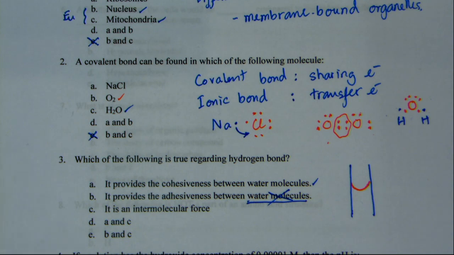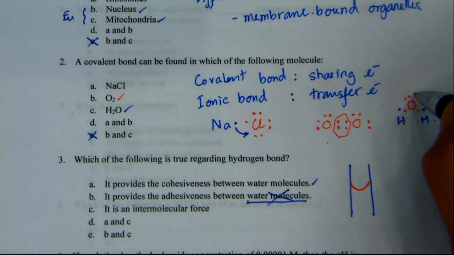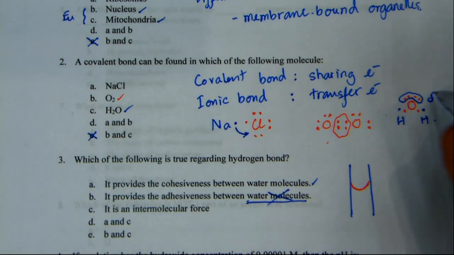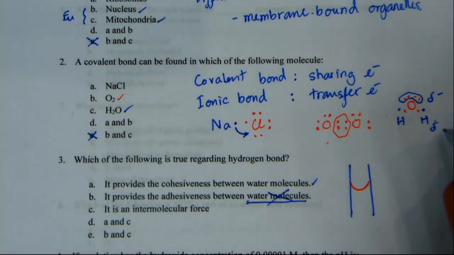It is an intermolecular force. Is hydrogen bonding intermolecular or intramolecular? If we look at this, this is water, right? We talked about it before. Because of the lone pair on the oxygen of the water, the charge is partially negative, and the hydrogen here is partially positive.